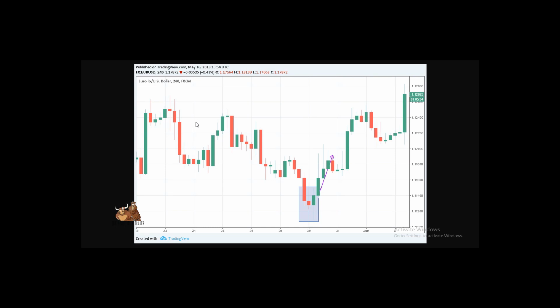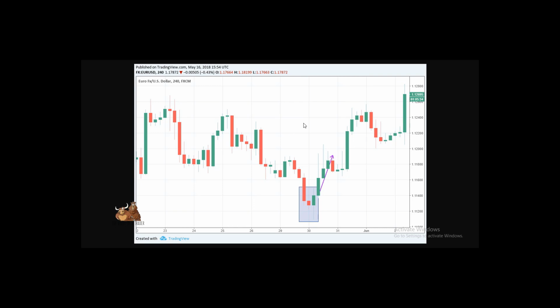The second example I have here is also euro dollar. It's also a bullish engulfing pattern, but as I said, right now we have a massive bullish engulfing candle that completely engulfs or swallows the previous candlestick here. You can see again we have a downtrend, so we create lower highs and lower lows, and then we create a sort of bottom here, then a huge big candle which prompts the price to go higher, and immediately from here we have a 60 pips move.